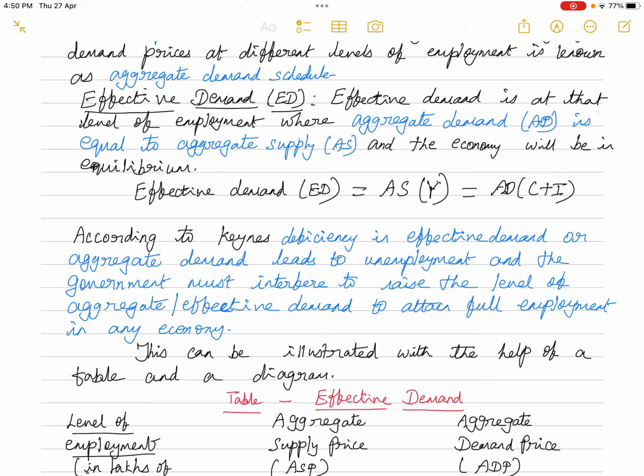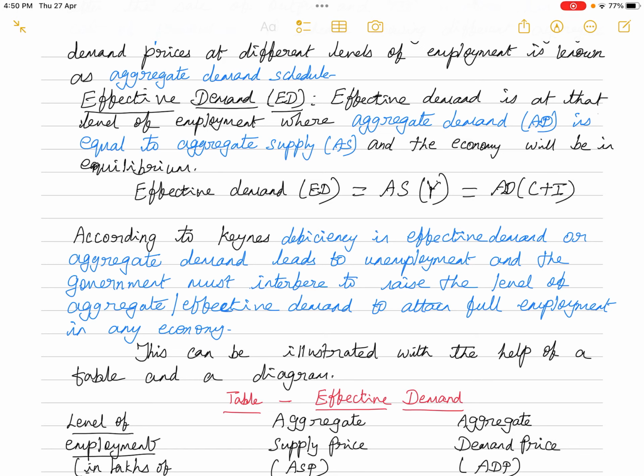They both will equal each other, and that is the point of effective demand ED. So effective demand ED is equal to aggregate supply, which is represented by the alphabet Y, which is equal to aggregate demand, which is equal to demand for consumption goods and investment goods, C plus I. So now, what is effective demand?